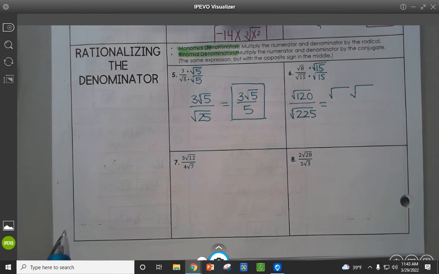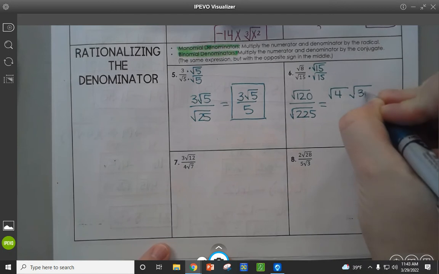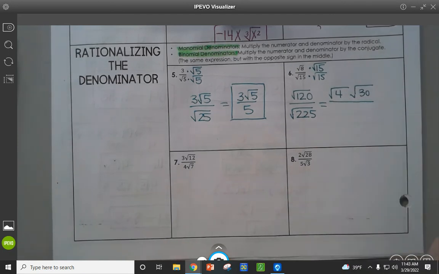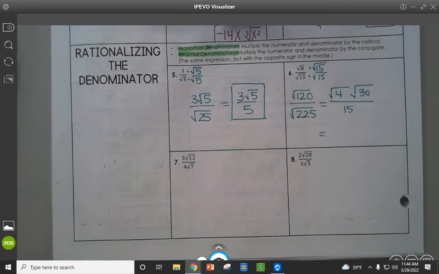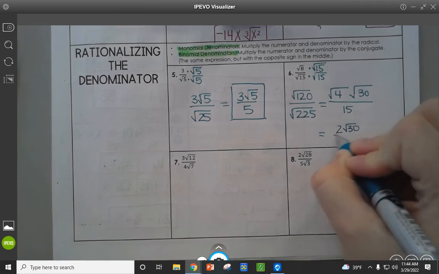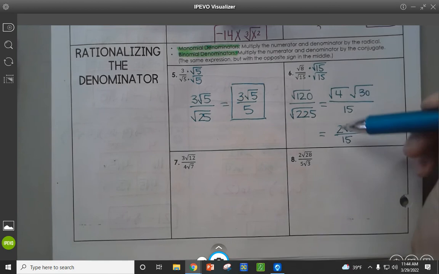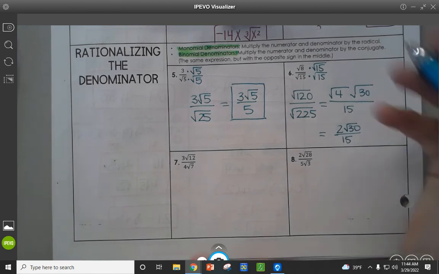Anybody? Has anybody found one? 4 and 30. And what is the square root of 225? 15. What's the square root of 4? 2. Square root of 30 over 15. Does 2 over 15 simplify at all? No.